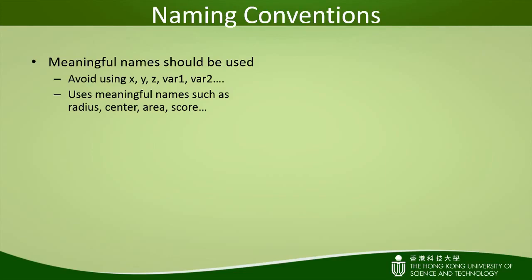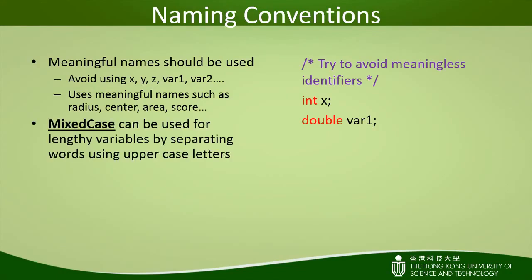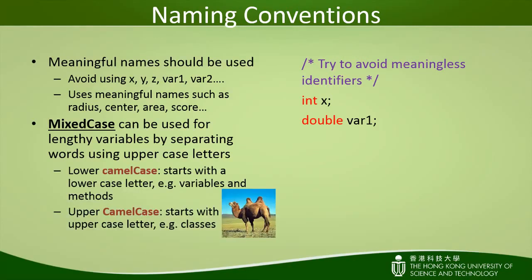The use of meaningless names such as x, y, z should be replaced by more meaningful names such as radius, area, scores if possible. For lengthy names, it is helpful to introduce mixed case, that is, a mix of lowercase and uppercase letters by separating words with uppercase letters. These are commonly referred to as camel case, just like the humps of camels.